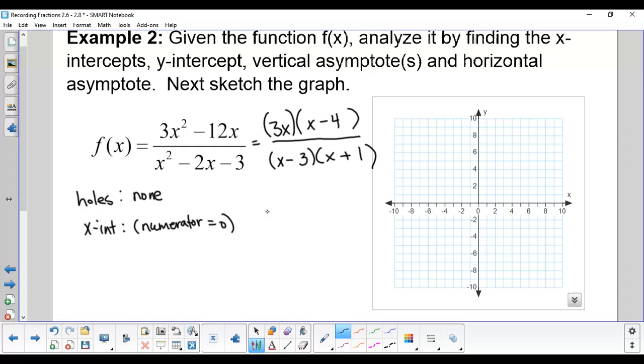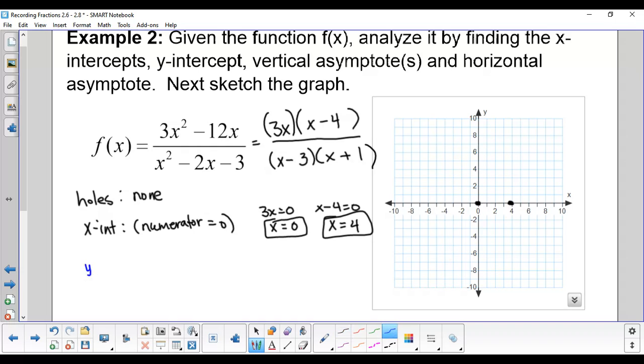So in this case, I would have to take 3x equals 0 and solve that, and x minus 4 equals 0 and solve that. So dividing by 3, x equals 0, and adding 4, x equals 4. These will be my x-intercepts of my function. So I'm just going to jump over to my graph, and I'm going to plot these points just so that I can build my graph as I go.